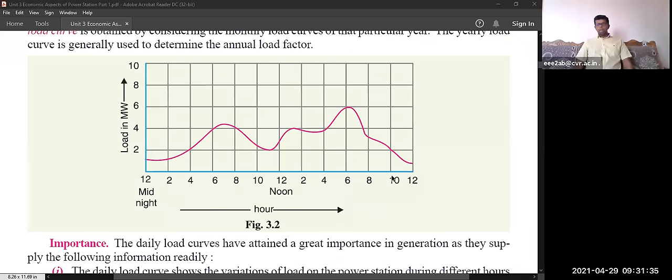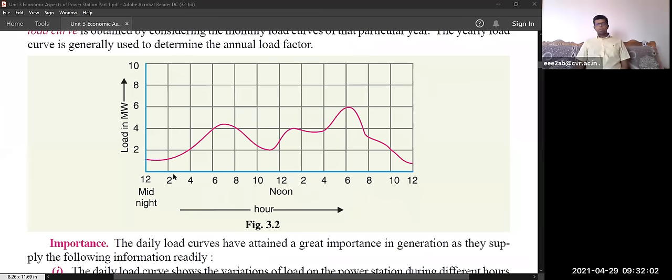Then 1 p.m. to 8 p.m., another shift. So three shifts they will work. In the midnight shift, they can run their heavy machineries, from 12 midnight to 6 o'clock, and even from 8 o'clock, 9 o'clock they are starting their shift.